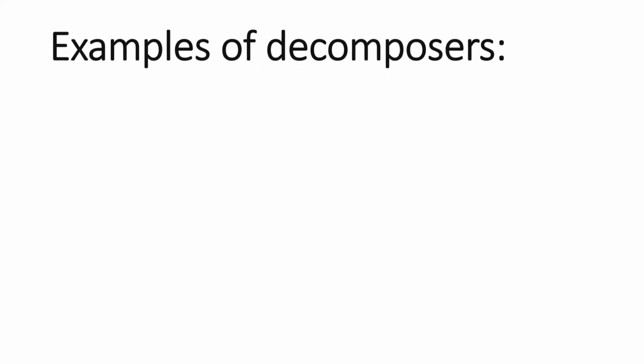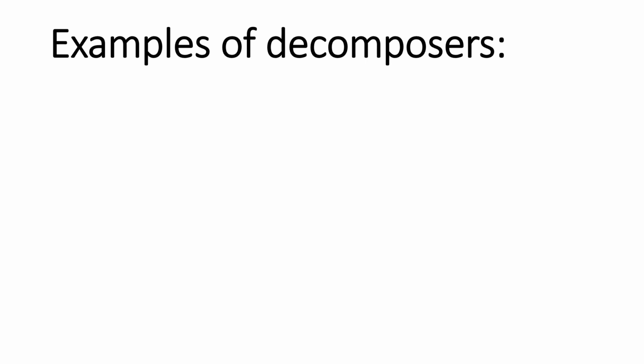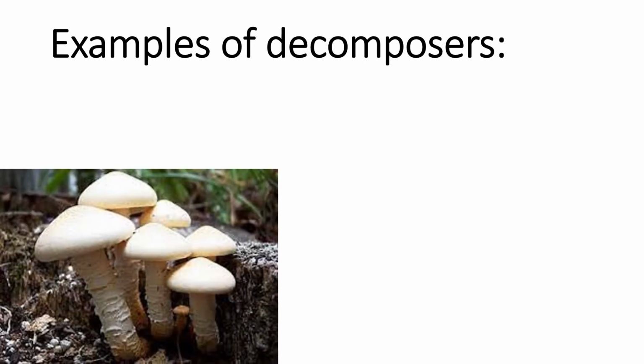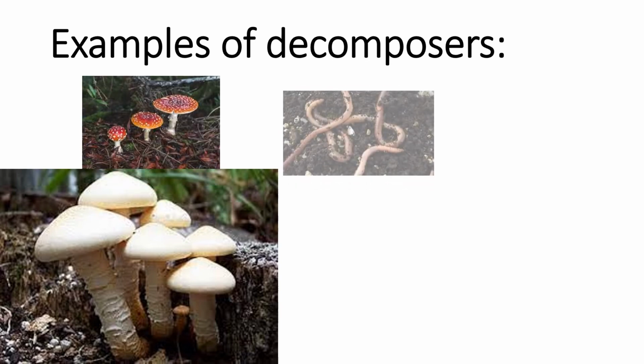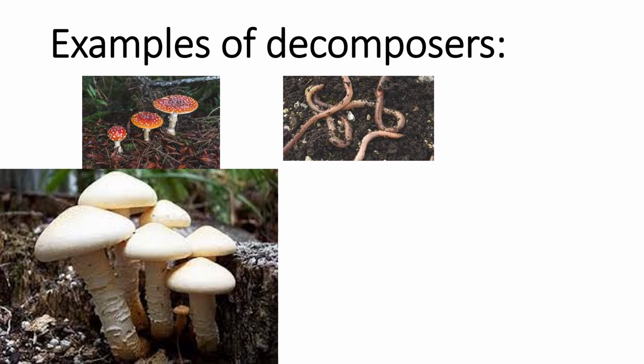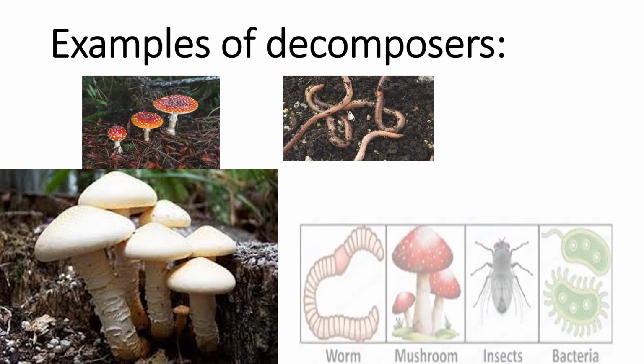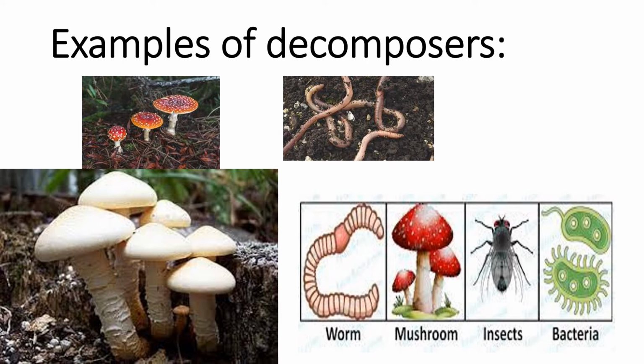So I have here examples of decomposers. A while ago I mentioned a mushroom. A mushroom is considered a decomposer because it can grow on the dead body of animals. Okay, so we have also worm. A worm is considered a decomposer because it lives on the dead part of some living things. So aside from worm, we have insects and bacteria.